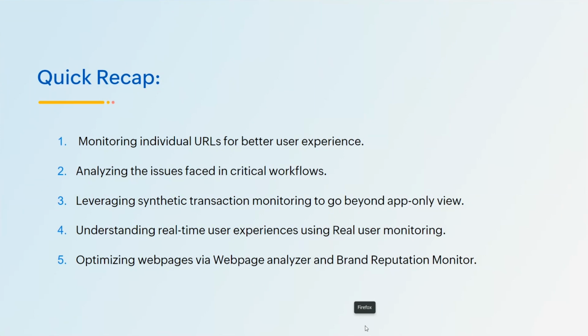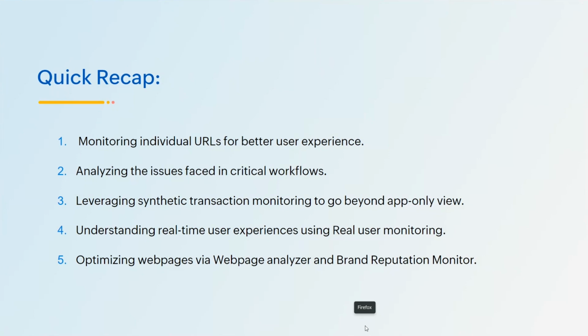Last week, we talked about the APM Insight, which is a real-time transaction level tool. Today, we talked about the transaction level monitoring from the front end. So in part one, we saw how you can monitor individual URLs for better user experience. You also saw how you can analyze the issues faced in critical workflows with the help of synthetic monitoring as well.